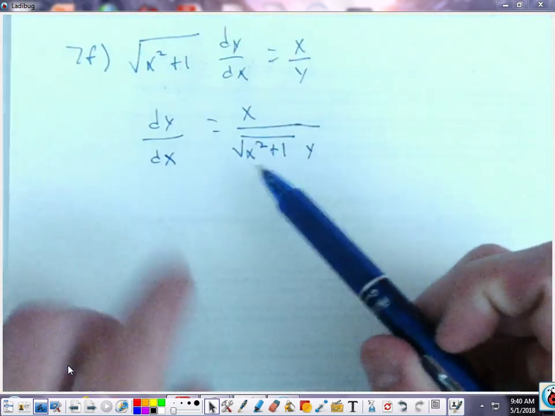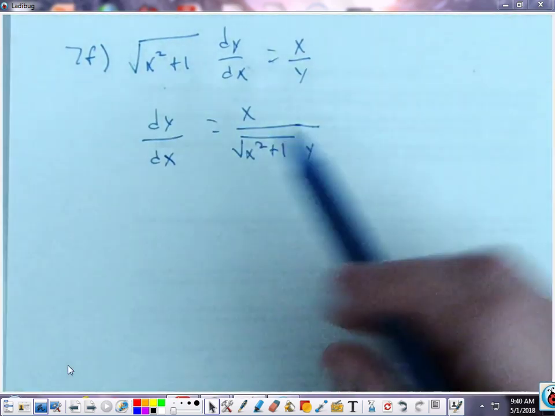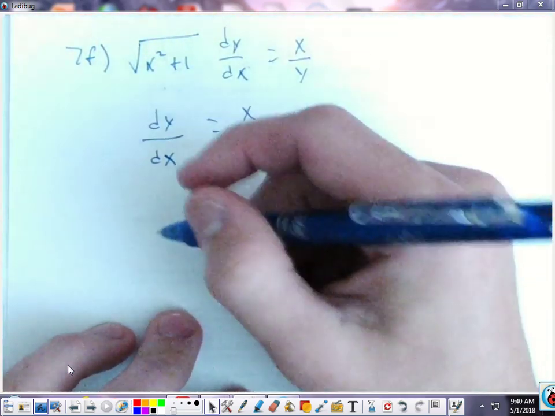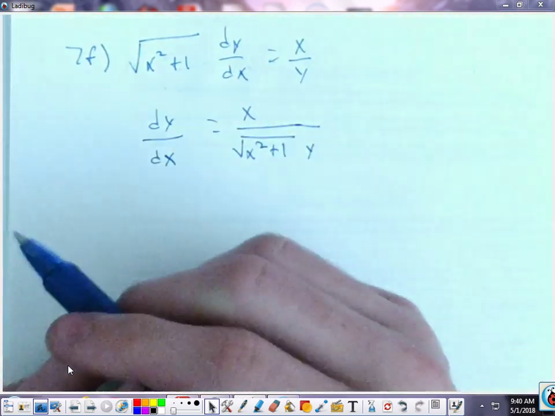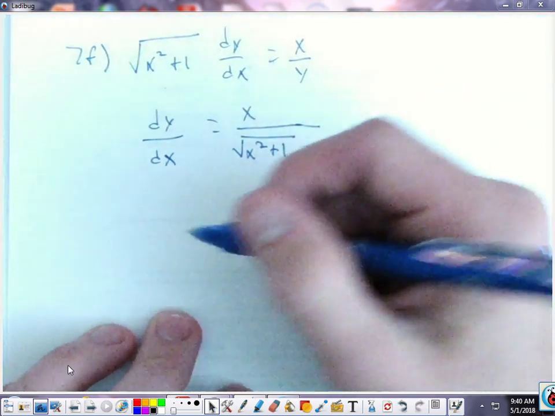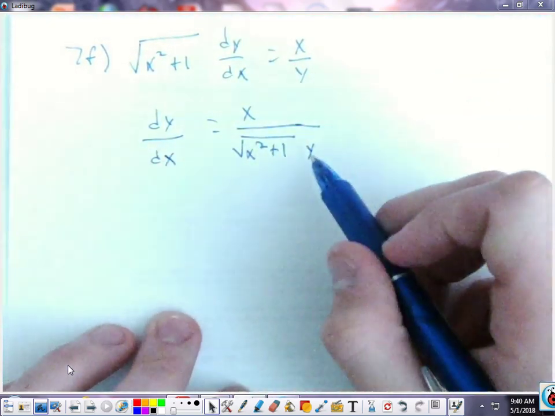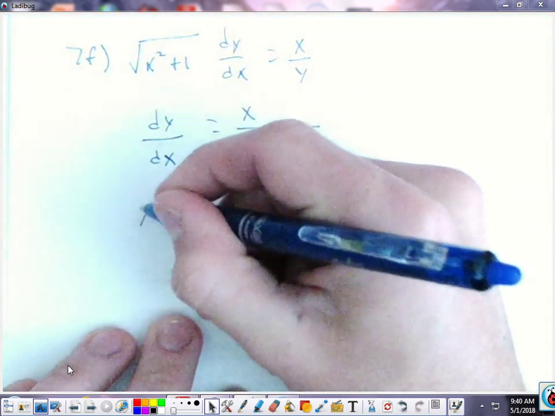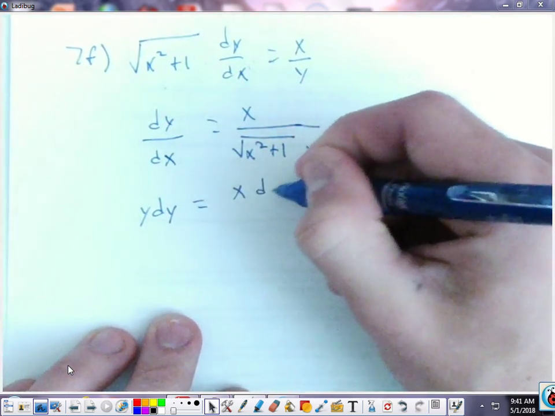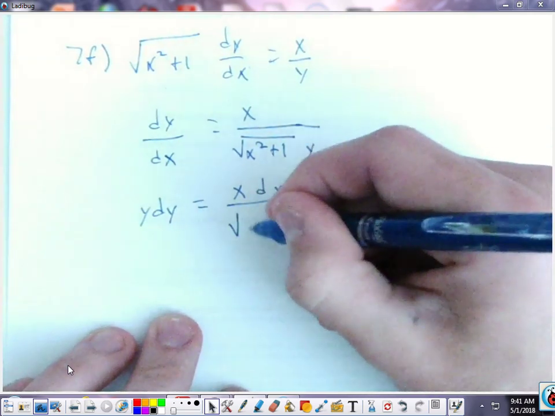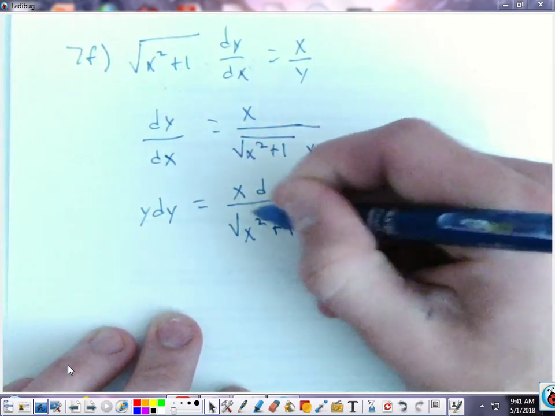Then I cross multiplied, or I didn't cross multiply all of it, just the y over, and left this here. So you pretty much are just multiplying that over and multiplying the y over. So you get y dy equals x dx over the square root of x squared plus 1.